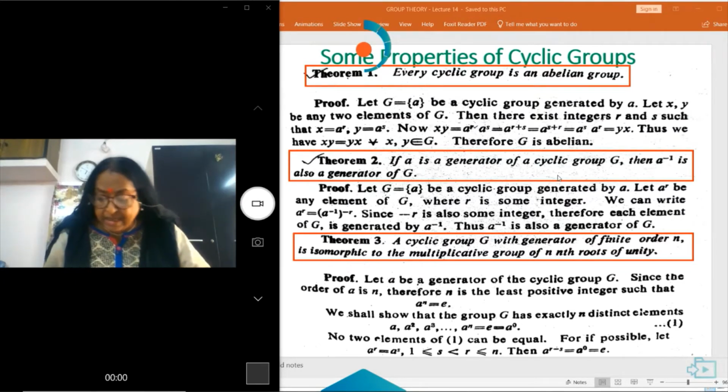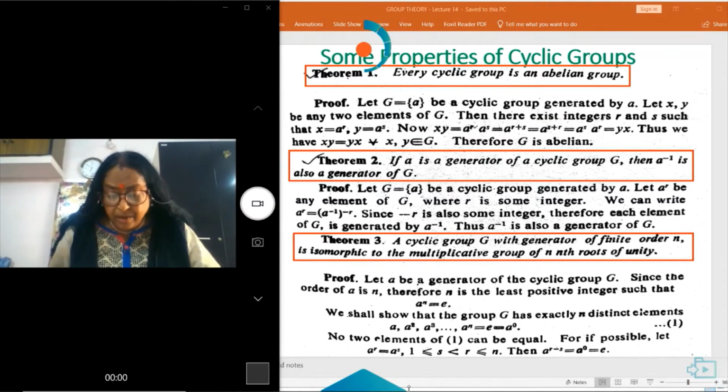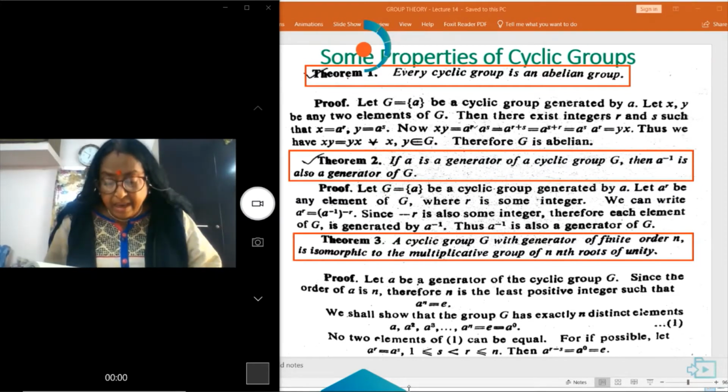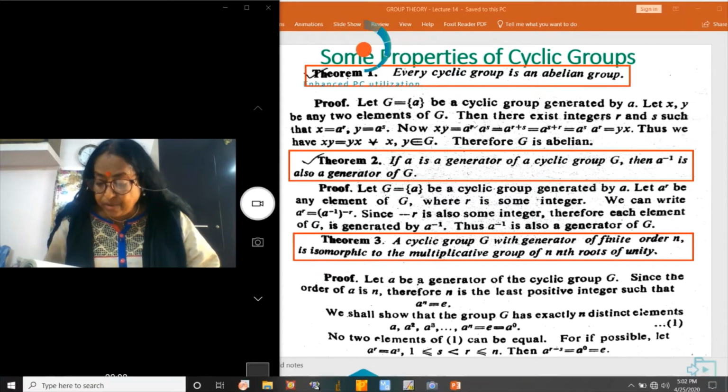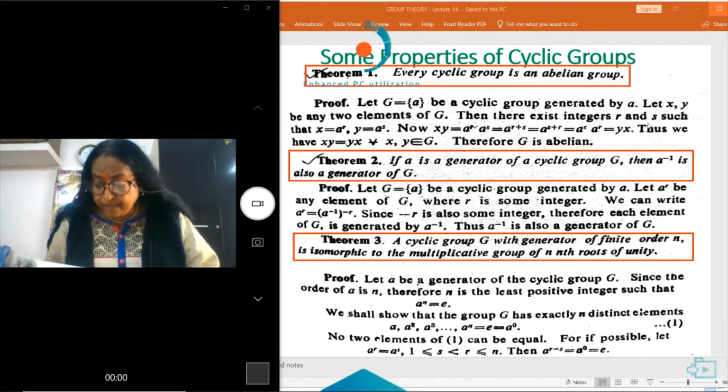Now, take another example. If a is a generator of a cyclic group G, then a inverse is also a generator of G. Let G be equal to the group generated by a, a cyclic group. Let a to the power r be any element of G, where r is some integer.